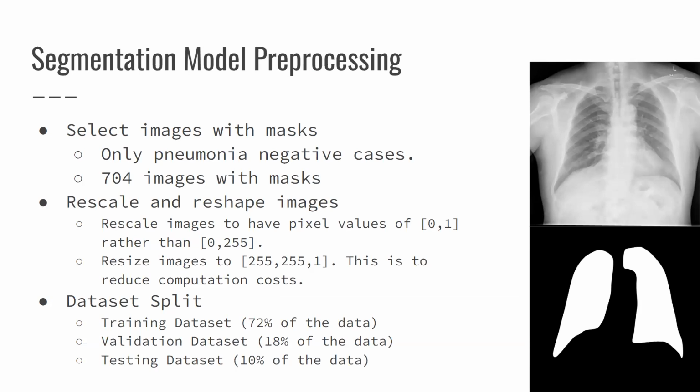Also, I resized each of these images from about 1000 by 1000 by 3 to 255 by 255 by 1. Basically, I changed it from RGB images to grayscale, and I reduced the X and Y dimensions, the number of pixels, down. Why did I reduce the number of pixels?